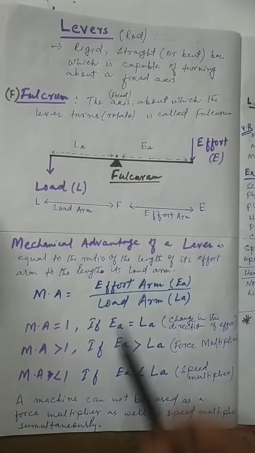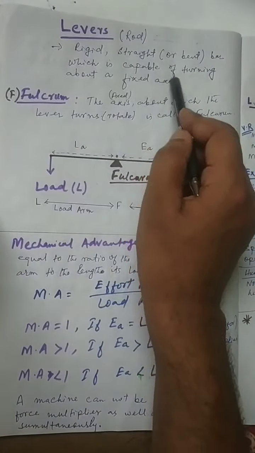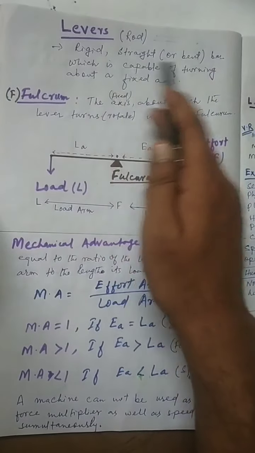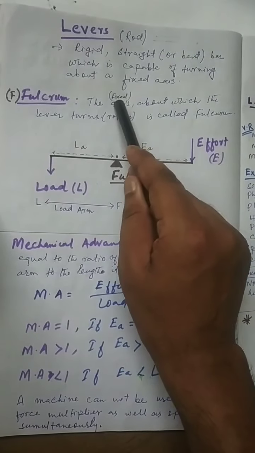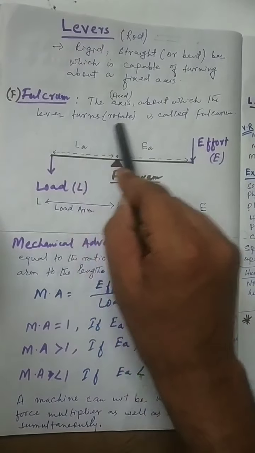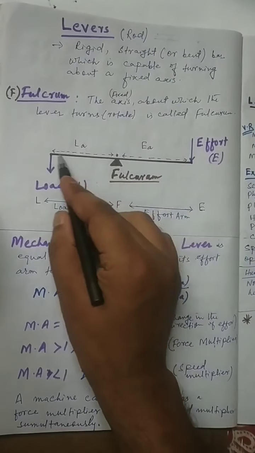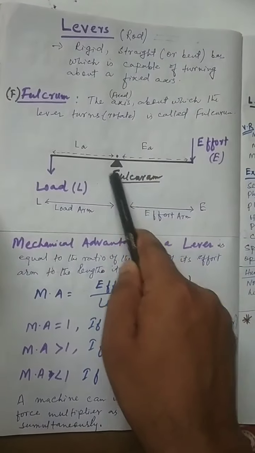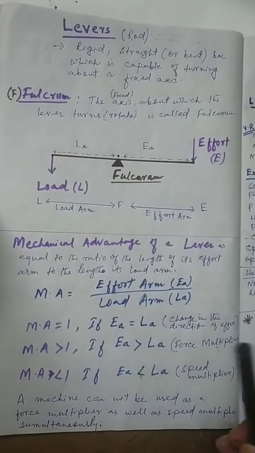Okay, now what is a fulcrum? Fulcrum is the fixed point where the rod or that rigid body is rotated. The fixed axis about which the lever turns or rotates is called the fulcrum. Here, for example, this is the rod, this is a lever, and this is the fixed point where this rod is rotated.